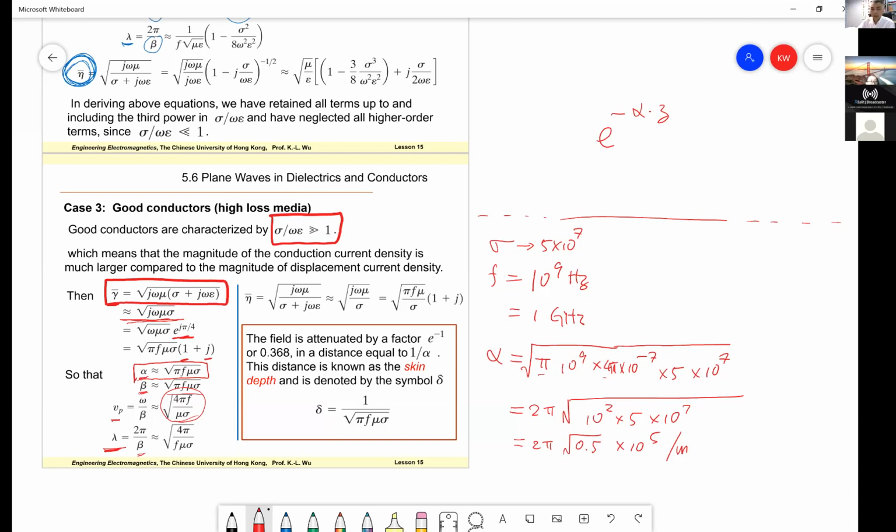Then people define a distance we call skin depth. So people define z equal to a particular depth, which we call the skin depth. This is equal to the depth at which the attenuation reaches e to the minus one.